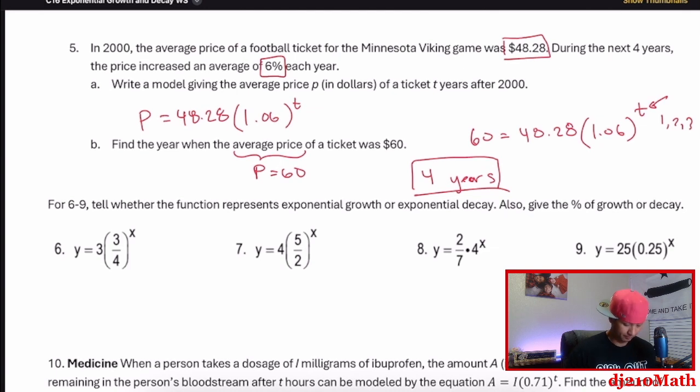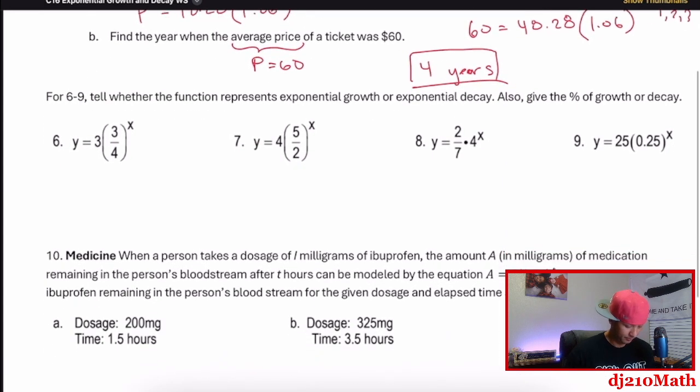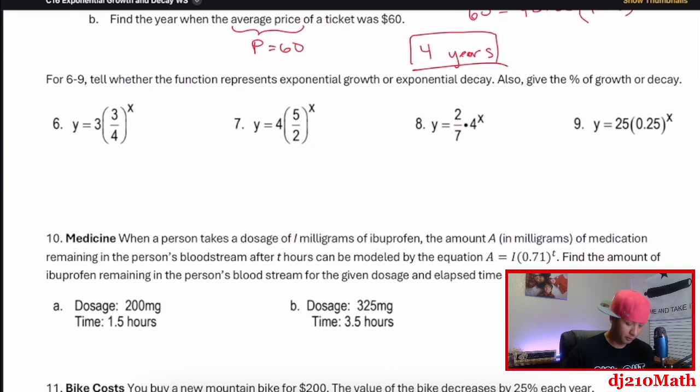Okay. All right, tell whether the function represents growth or decay. Also give the percentage. Oh, too easy. So look, this number, less than 1, decay. And how much less than 1? 25%. Right, because think about it.